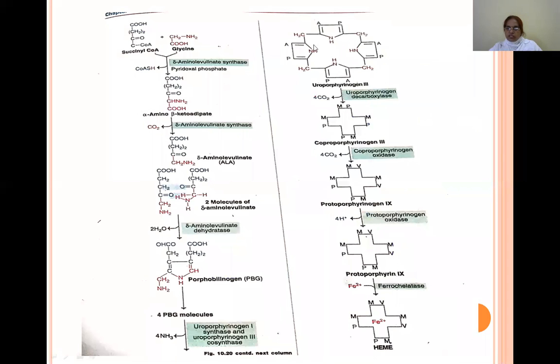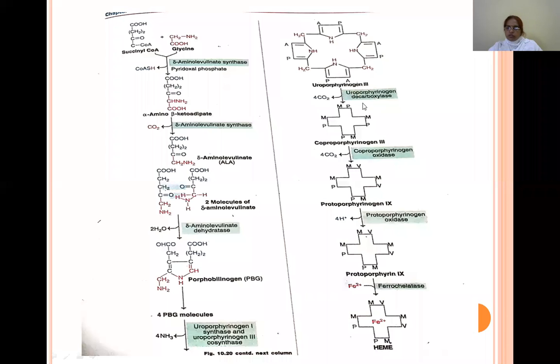These 4 acetyl side chains are decarboxylated to 4 methyl groups, 1, 2, 3 and 4. So these acetyl side chains are replaced with the methyl groups.